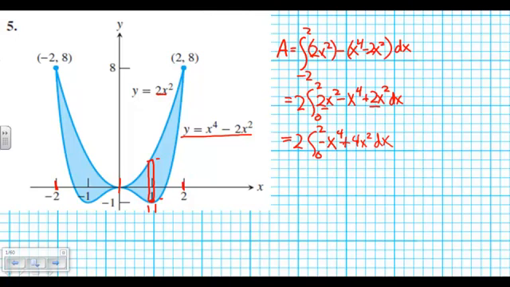All right, now let's go ahead and do that antiderivative. 2 times the quantity, the antiderivative of negative x to the fourth is negative 1/5 x to the fifth, plus the antiderivative of 4x squared is going to be 4 divided by 3x cubed, and we're going to evaluate this from 0 to 2.